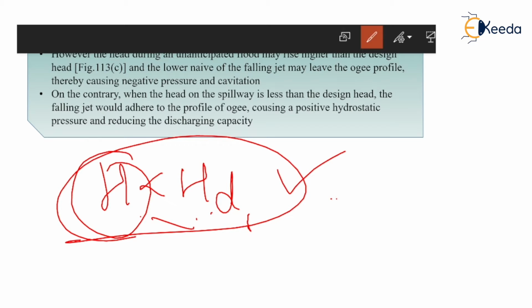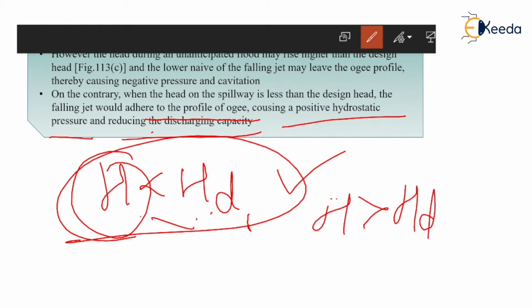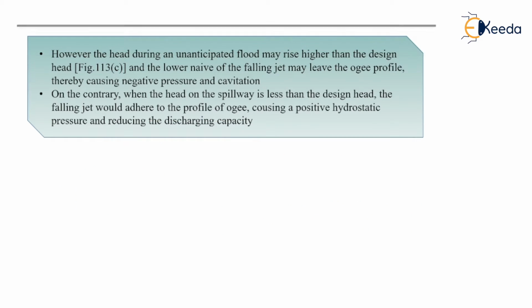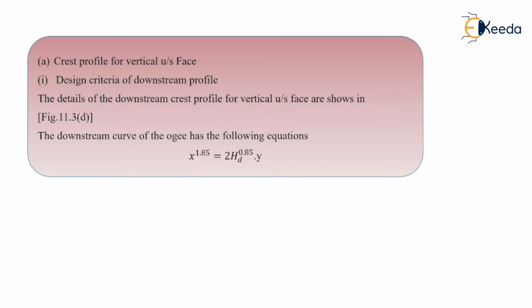So that the falling sheet adheres to the profile of the Ogee, causing positive hydrostatic pressure and reducing the discharging capacity. And if the other condition occurs, separation and cavitation will occur, negative pressure will be developed, and turbulence will be created on the downstream section, and it will affect the downstream part and the whole body of the spillway.